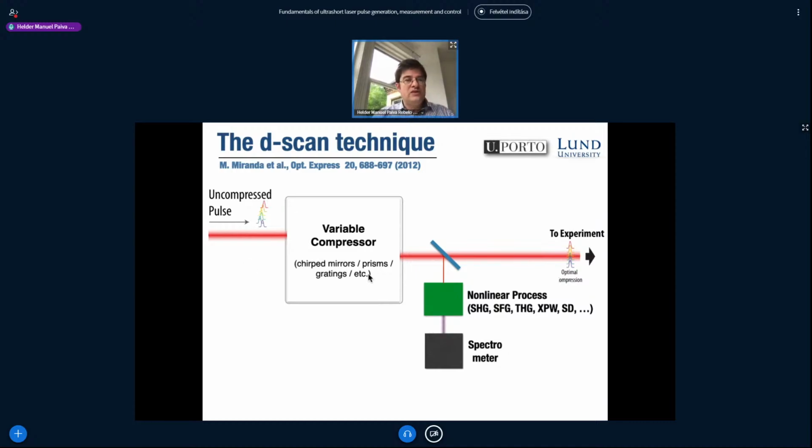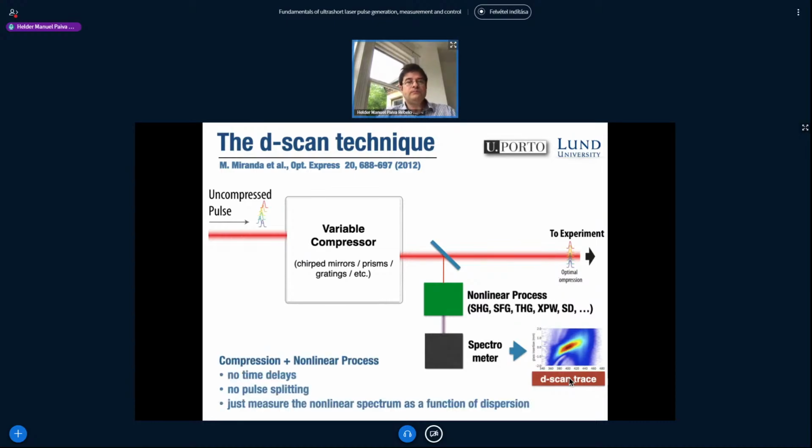Not time, we don't use time here, but dispersion. So our compressor can be adjusted, so we adjust this compressor, and depending on the adjustment we make, the pulse goes from under compressed to maximum compressed, and then over compressed, if you like. And from this, we get a measurement, which is also a 2D trace, from which we can get the spectral phase of the pulse, okay?